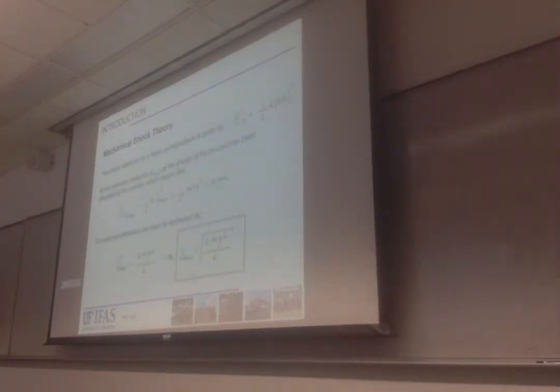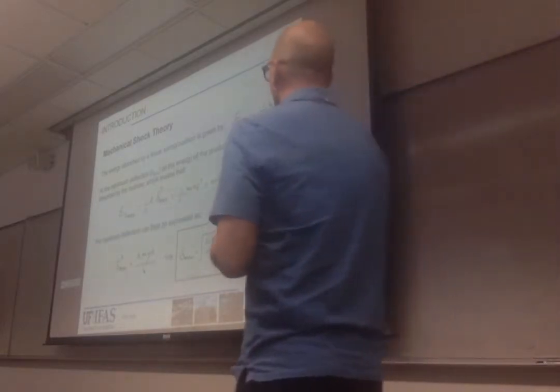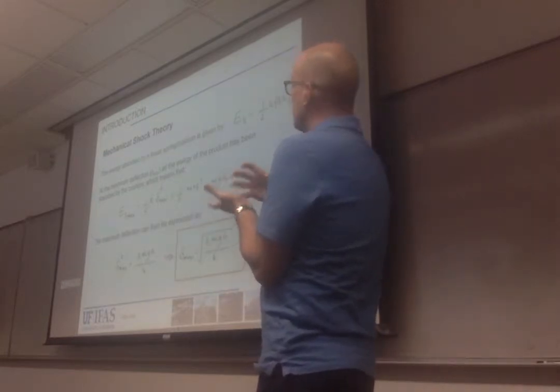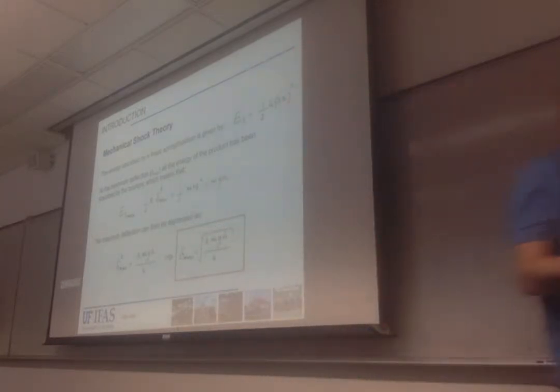Now, at impact, as your product falls onto a cushion, for example, the energy associated with that impact has to be absorbed by the cushion, or the spring if you want, because remember, we treat those cushions as springs.